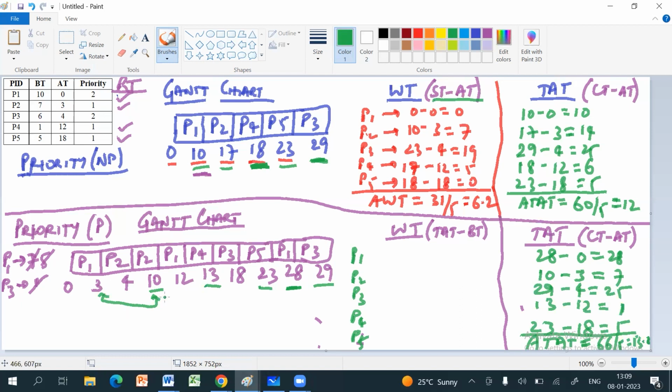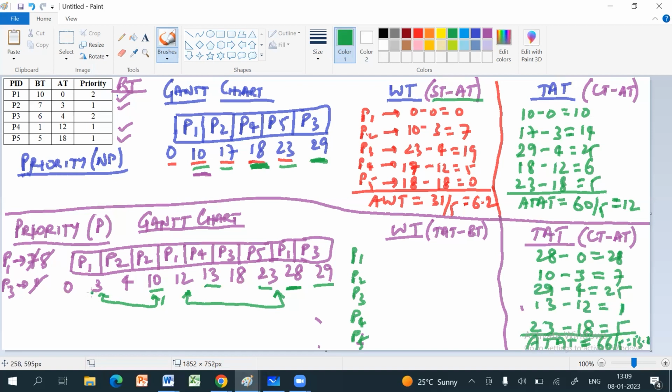Similarly, it again stopped at 12, so this duration should also be taken into account, and it restarted at 23. So simply it would be 0 minus 0 initially, plus 10 minus 3, plus 23 minus 12. So that would be 11 plus 7, which is 18.